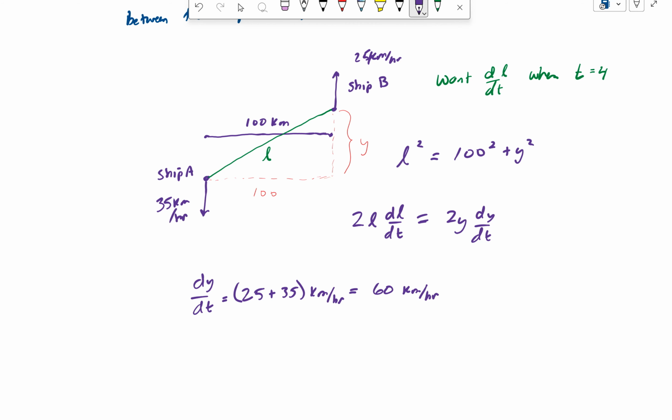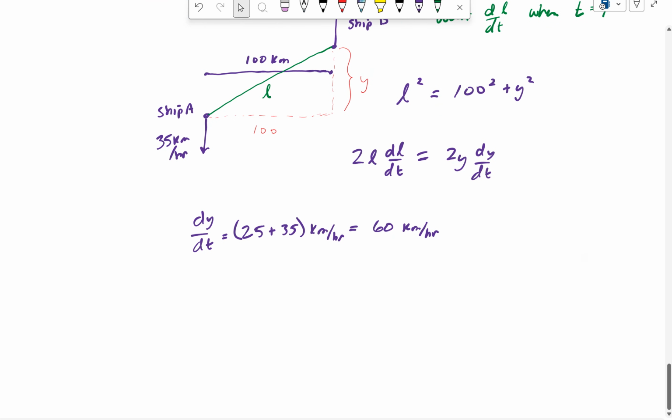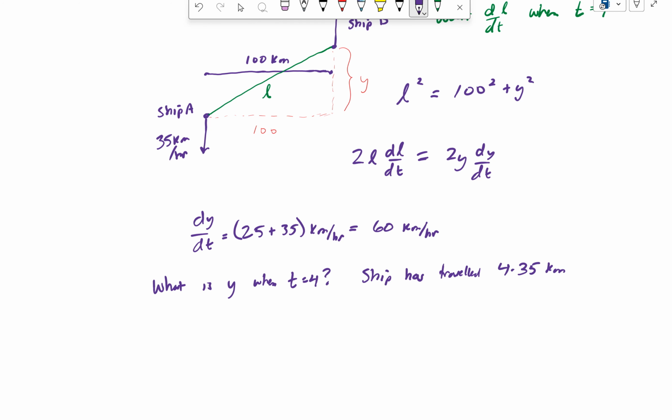And then we want to figure out, well, what is y when t is equal to 4? So after 4 hours, well, ship A has traveled 4 times 35 kilometers, which is 140 kilometers, ship A, and ship B has traveled 4 times 24 kilometers, which is 100 kilometers.